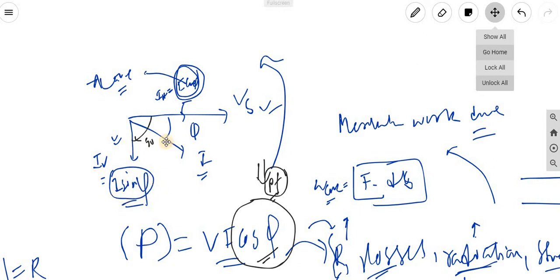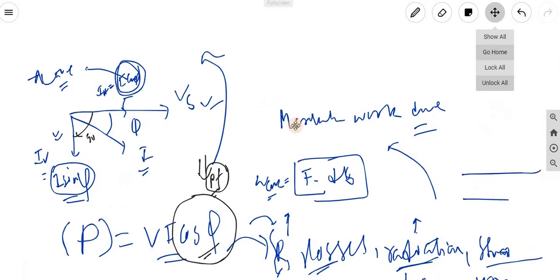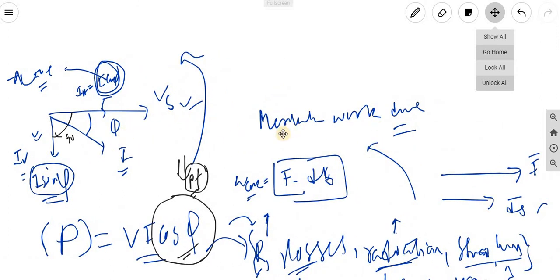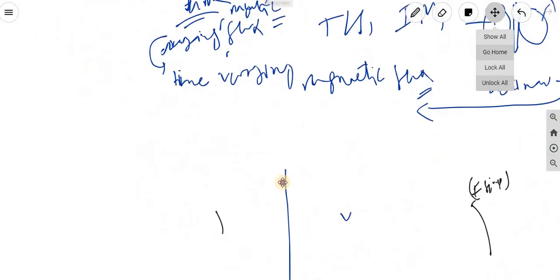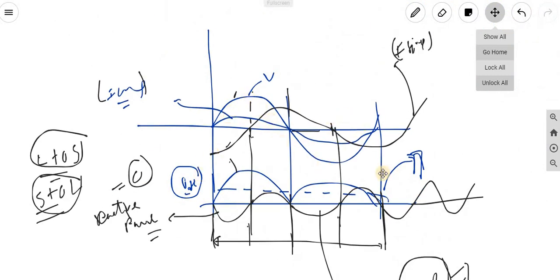Like the mechanical force acting in the useful direction, the horizontal component is the active one, meaning consumable power. I cos phi is the active component, and I sin phi is the reactive component.